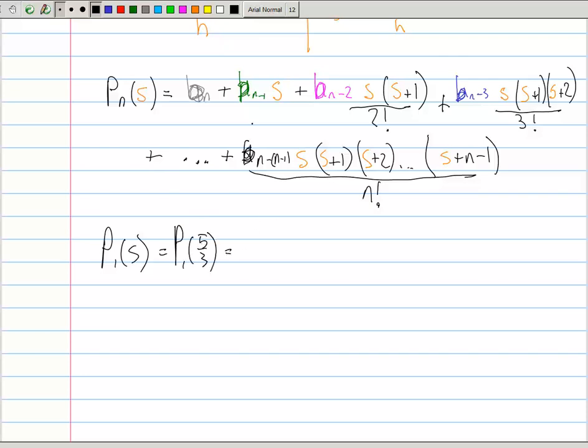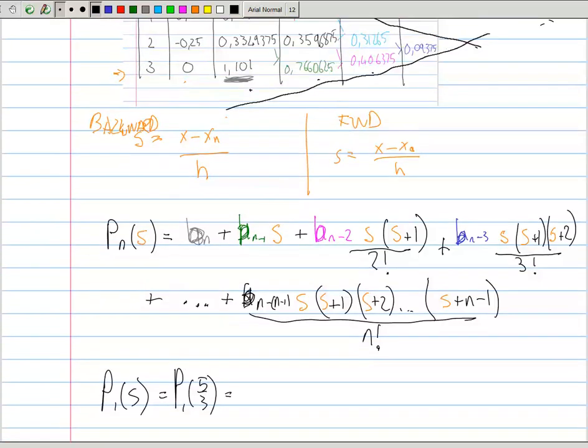Our polynomial, let's scroll up so we can see our data. So we end up with 1.101 plus, and then we have our first term, which is 0.7660625 multiplied by s.